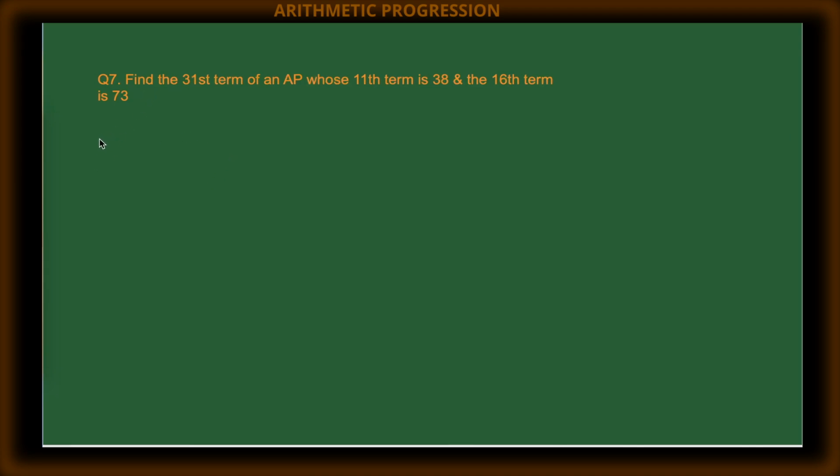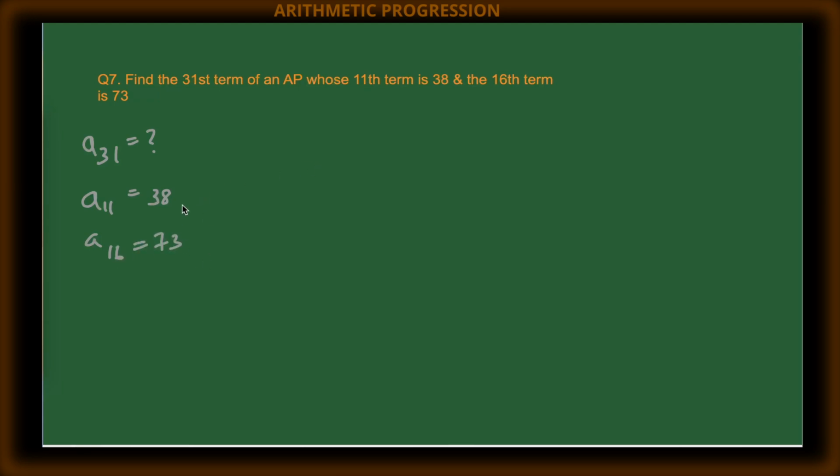Find the 31st term, so we need to find a31. What is given here: the 11th term is 38, so a11 is given as 38, and a16 is given as 73.